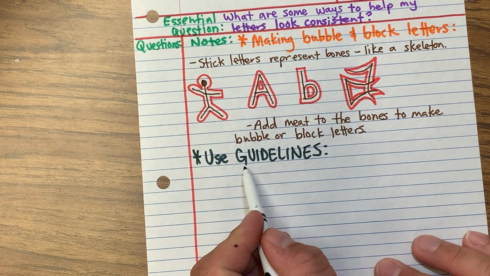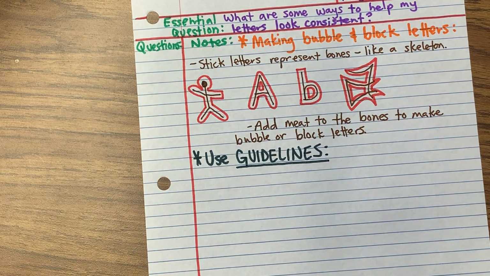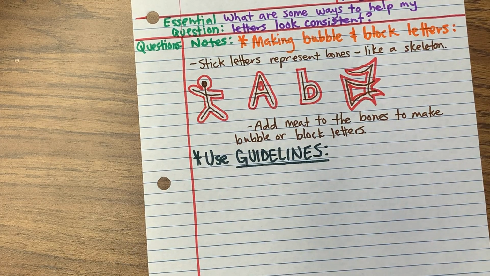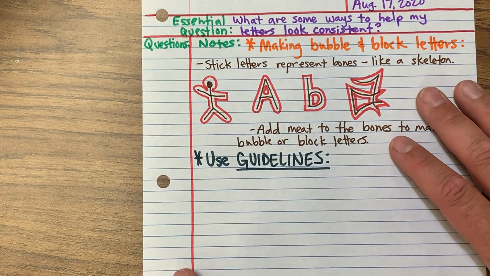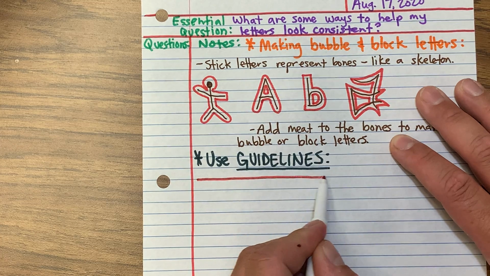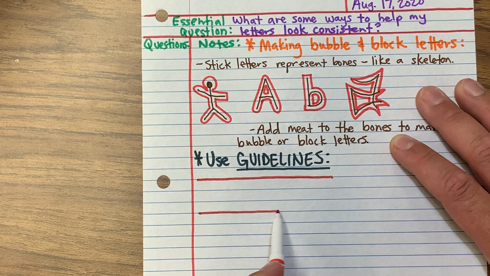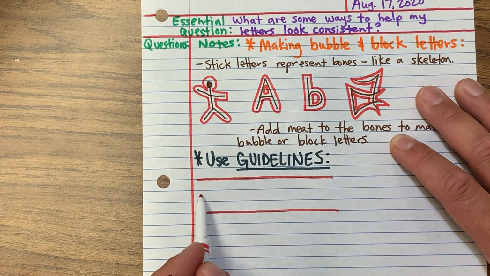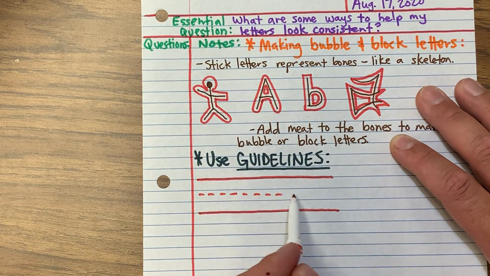Now you guys probably remember these from starting in kindergarten when you first started learning how to write the alphabet. They gave you pieces of paper that had a little road looking thing on it.